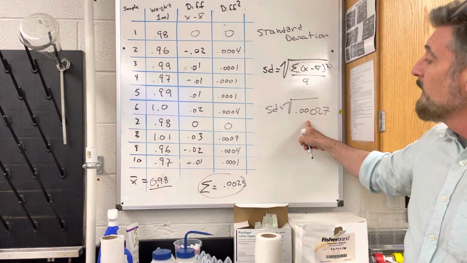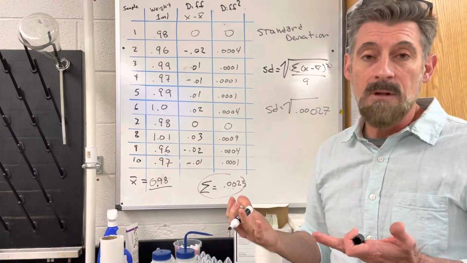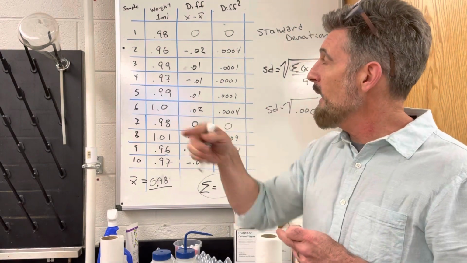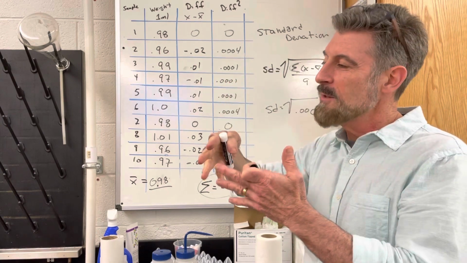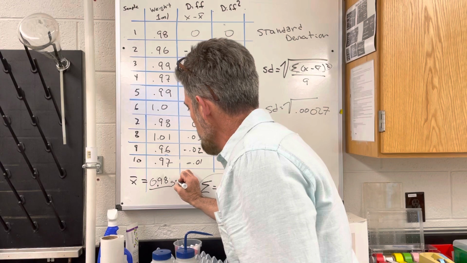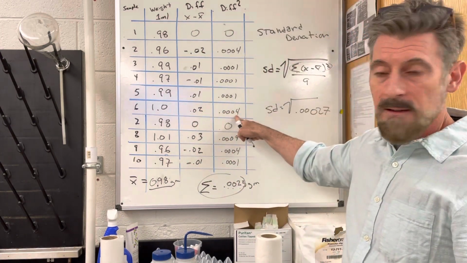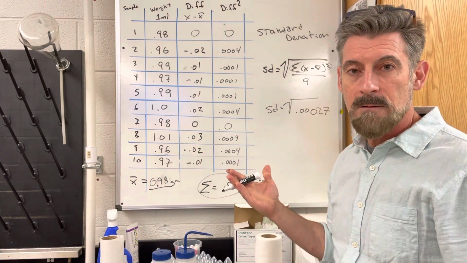And now you have to remember, this is in some kind of unit. So what unit is it? You were taking weights, and the weights were in grams. We were technically measuring volume in milliliters, but we were actually weighing them out in grams. So the variation is in grams, but because we squared it here, the unit is grams squared.